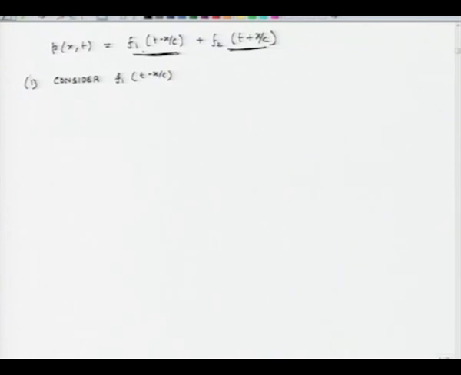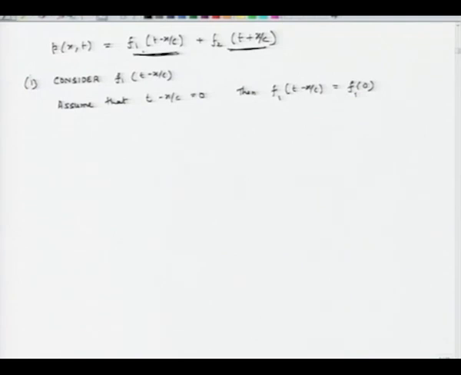Let us assume that t minus x over c equals 0. Then f of t minus x over c is nothing but f of 0.